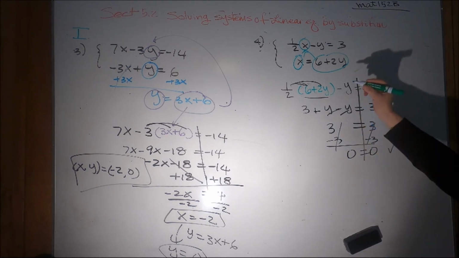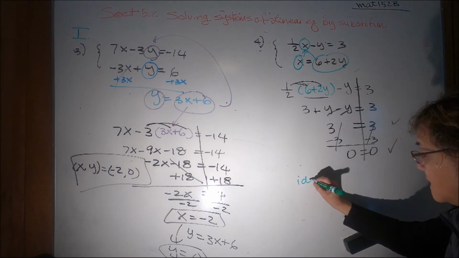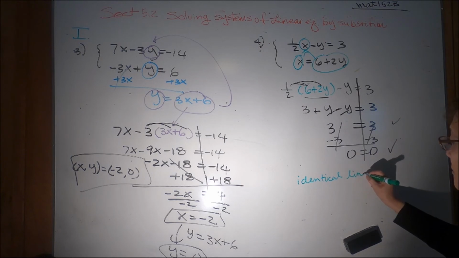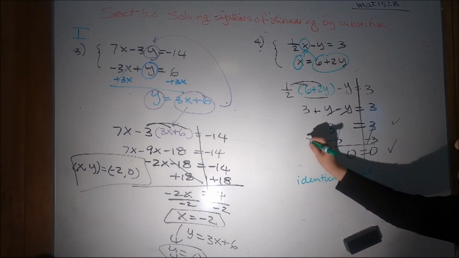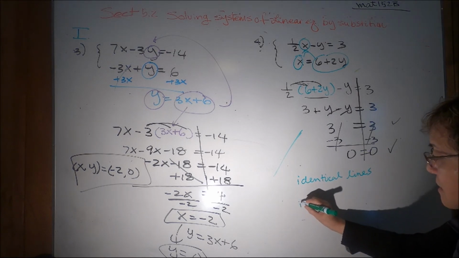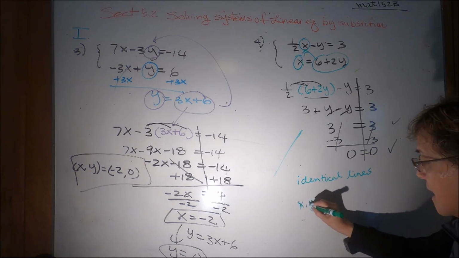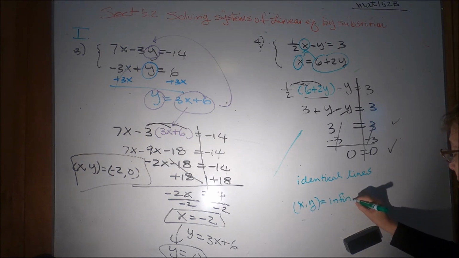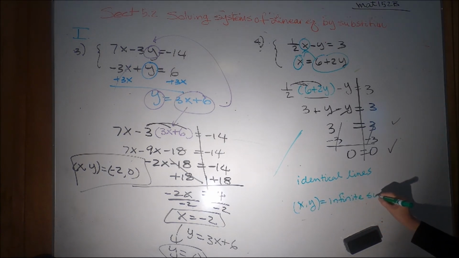Always true. Then you have identical lines. So when we have identical lines, it means how many solutions do we have? Your x and y are infinite solutions.